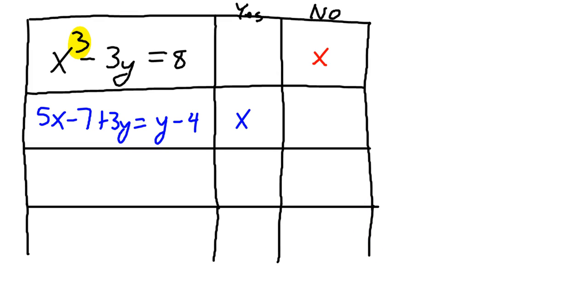Okay, 2 more and then we're done. So 5xy plus 7y equals 4. Right there. Got x times y, right? There you go. So that's a no.